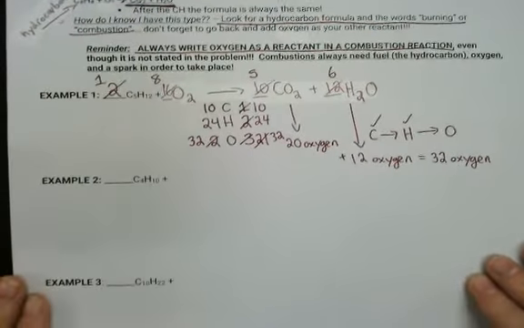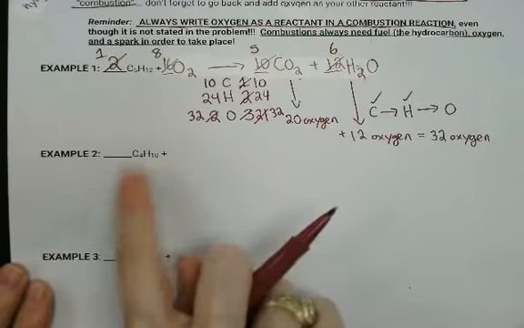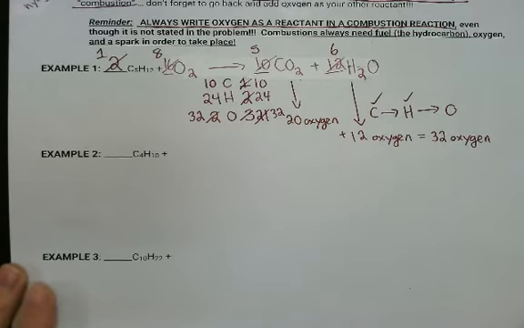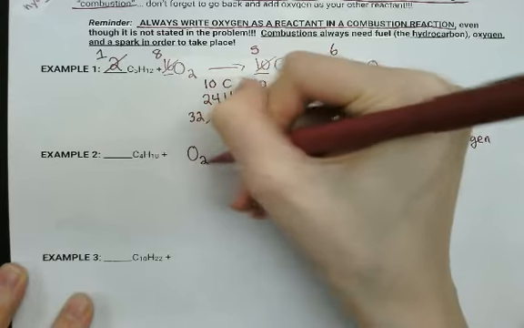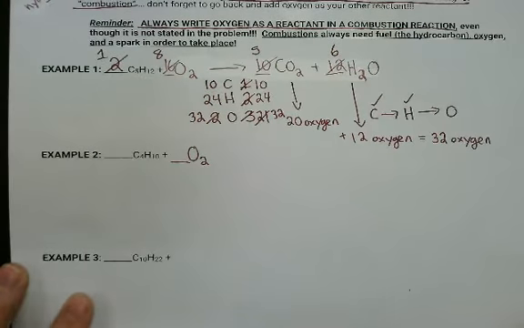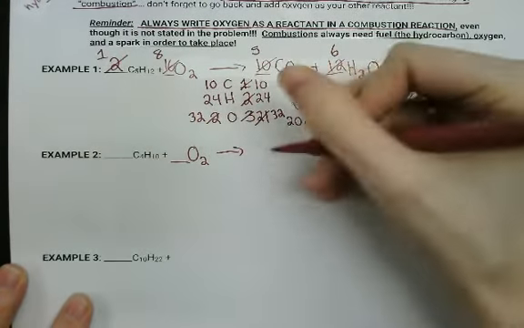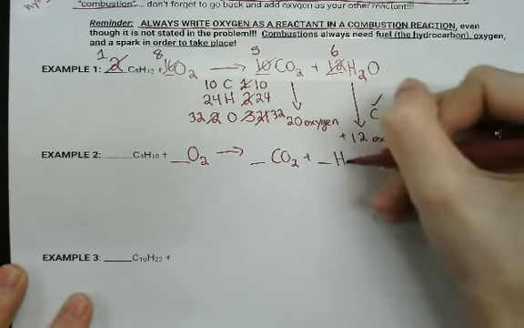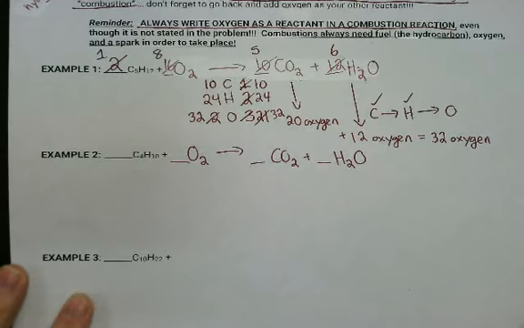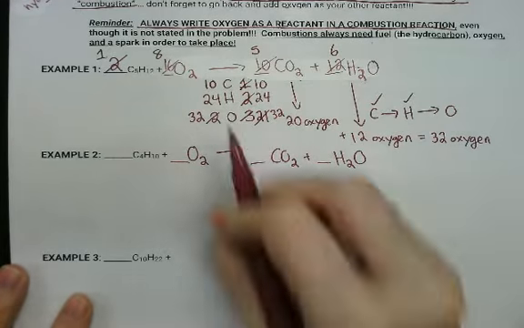So moving on to example 2, we see we are given this hydrocarbon, C4H10. So we're going to go ahead and add our other reactant, oxygen, and our products, CO2 and H2O. I'm going to do the same thing.